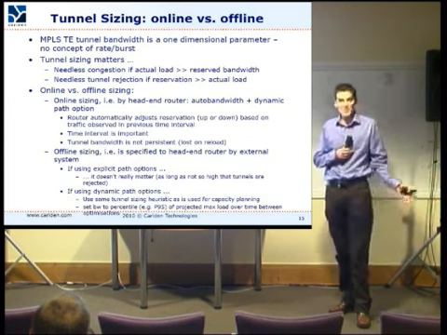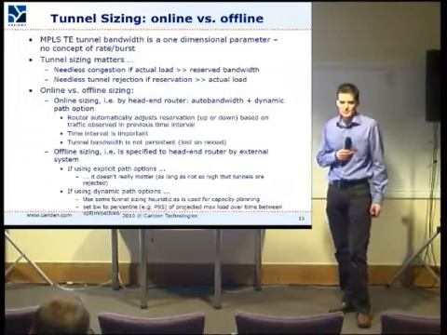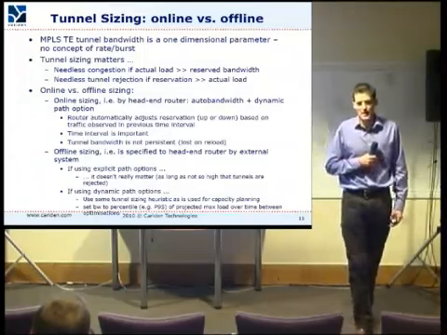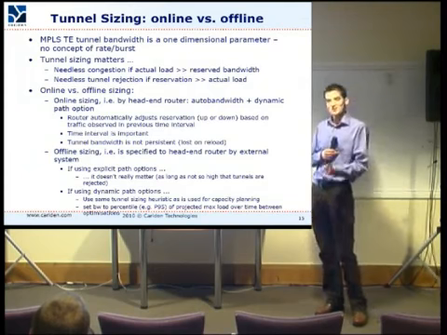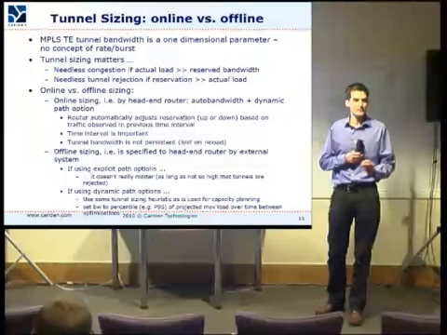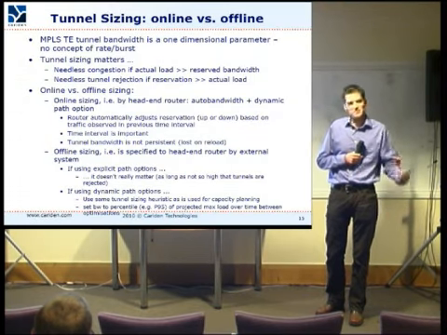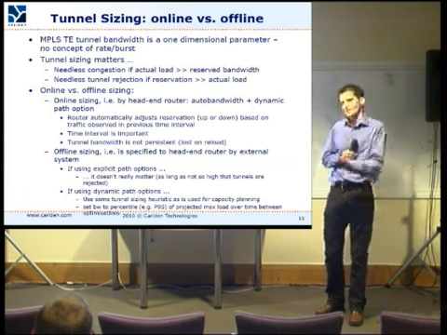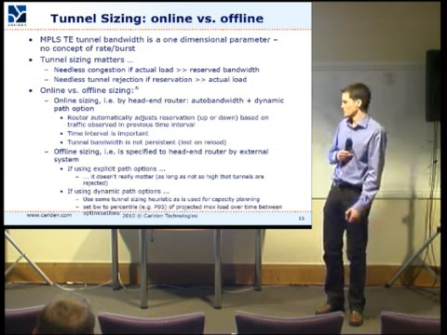If you're telling it the path, it's irrelevant. If you're using dynamic path options, then our recommendation would be to set the tunnel bandwidth to be the same quantity that you would use for capacity planning of those demands. Typically that would be something like the 95th percentile of the samples over the period of interest.